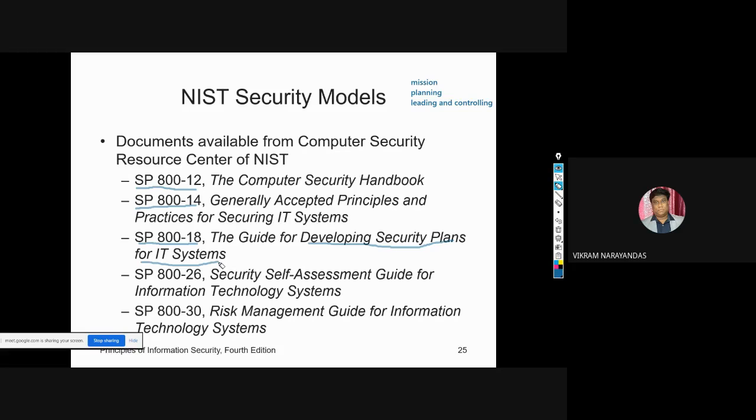This special publication provides detailed methods for assessing, designing, and implementing controls and plans for various sized applications.